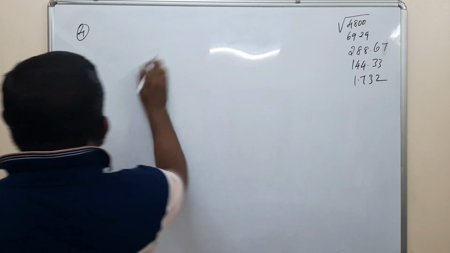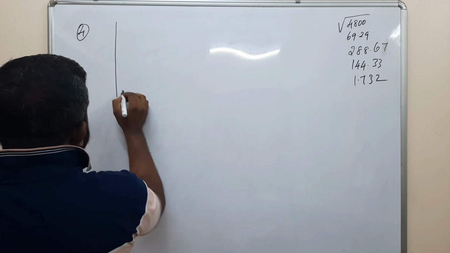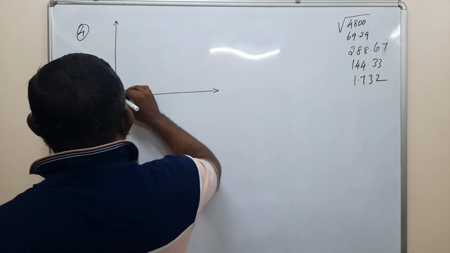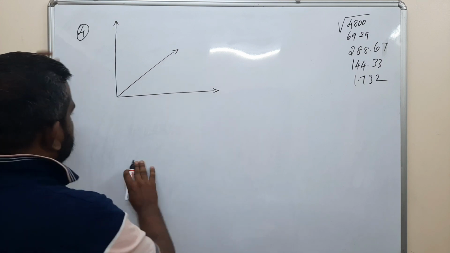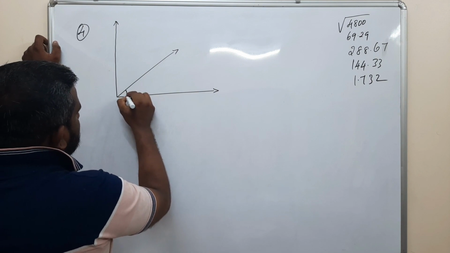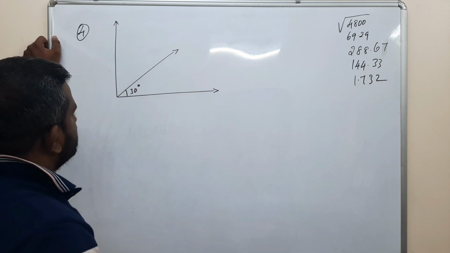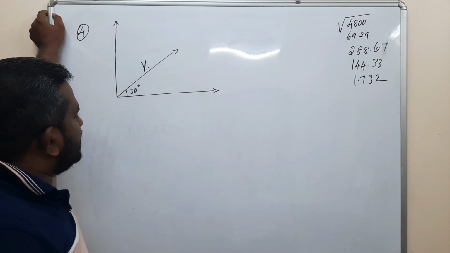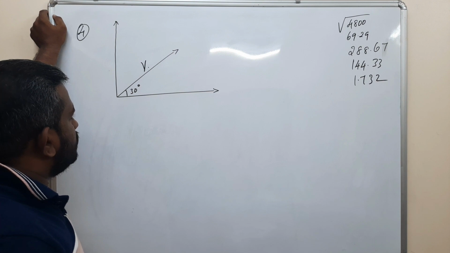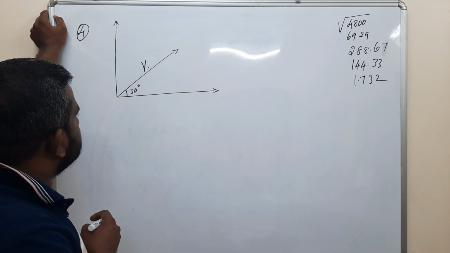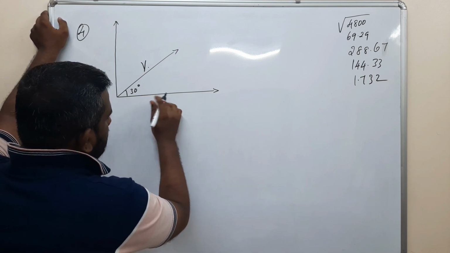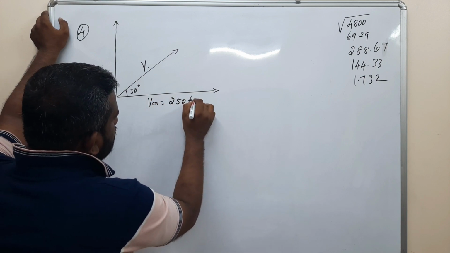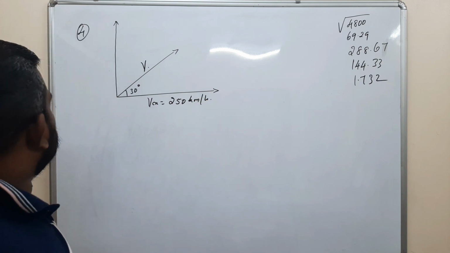Fourth question. An aeroplane takes off at an angle of 30 degree with the horizontal, with the velocity V. The horizontal component of its velocity, Vx, is equal to 250 km per hour.